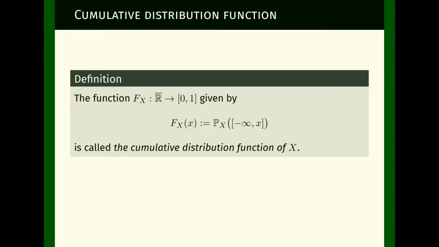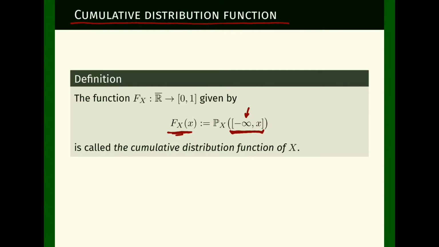And now that we have the distribution of a random variable, we can talk about the cumulative distribution function. That describes completely the distribution of a random variable, and it is just the probability measure of all the points up to x from the left, including minus infinity.